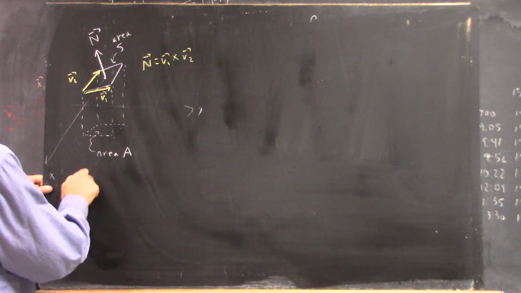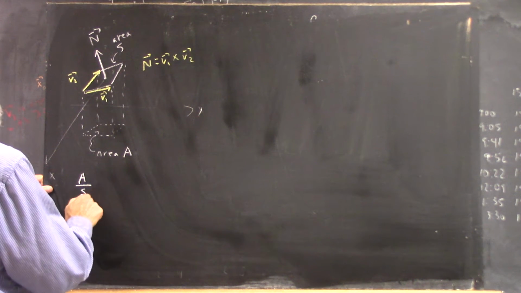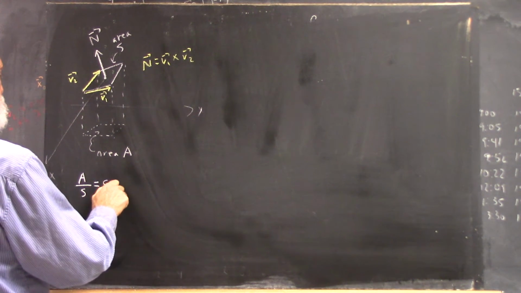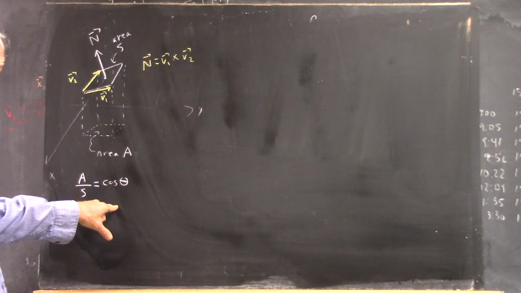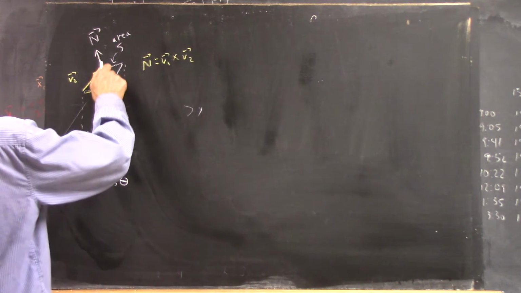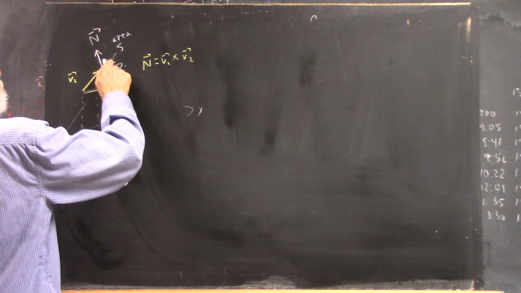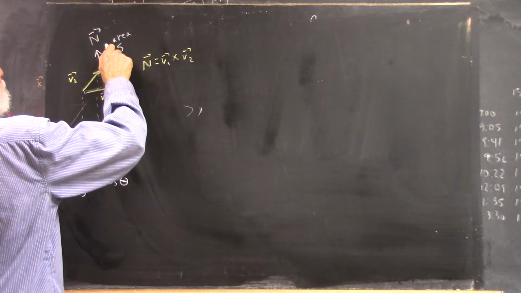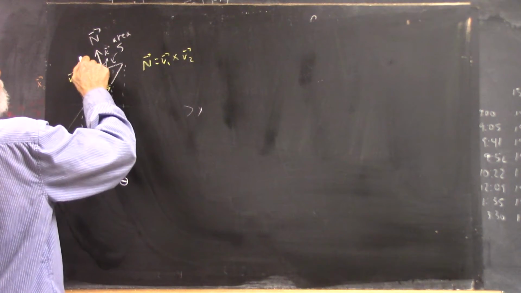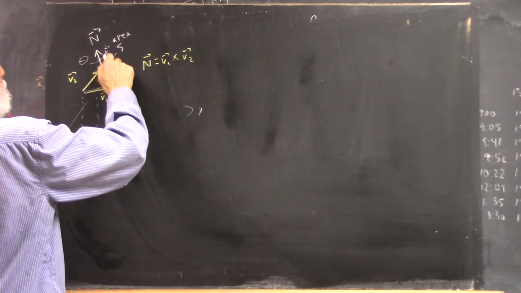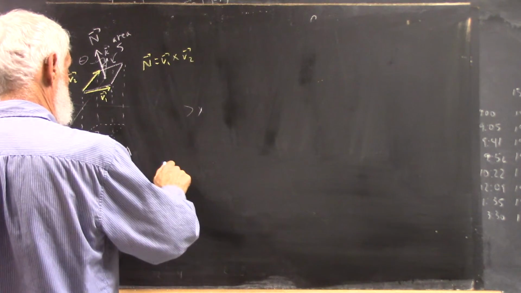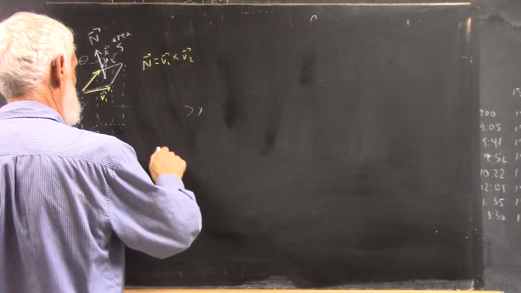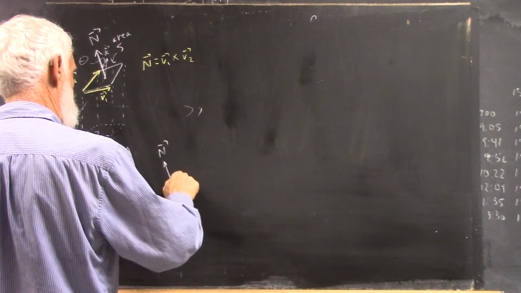And A over S equals cosine theta, where theta is the angle between your normal and your K vector. Okay? So there's your normal.